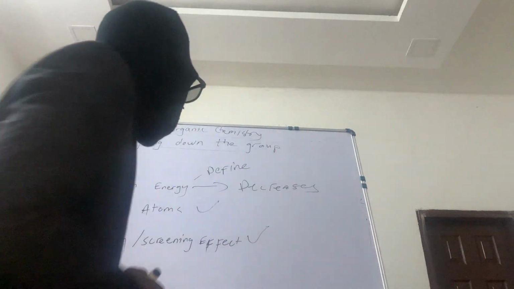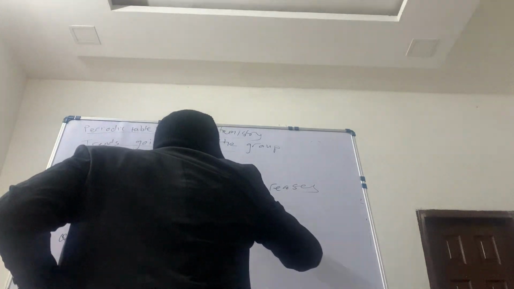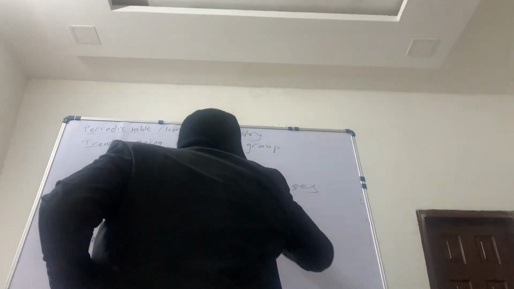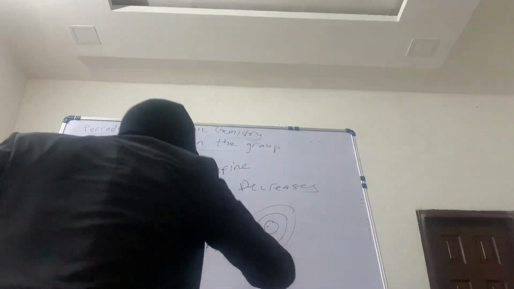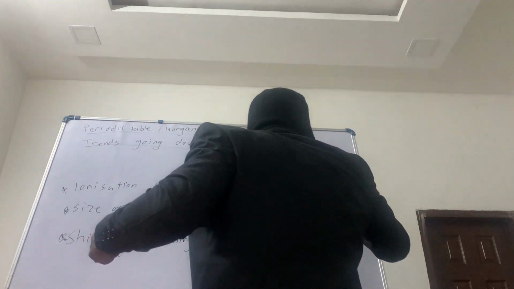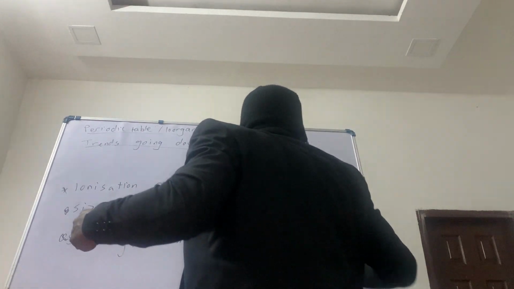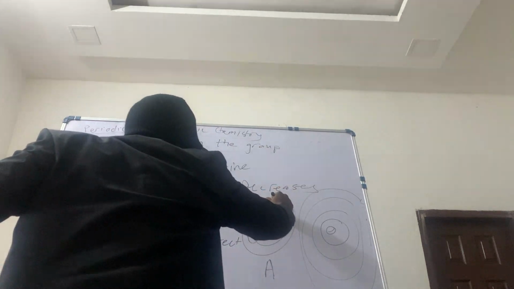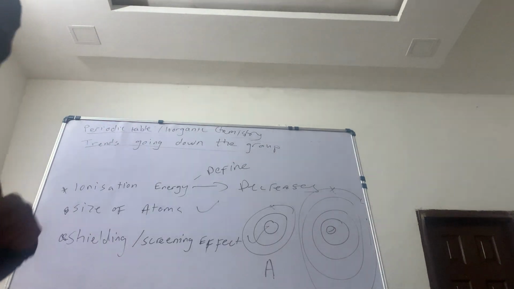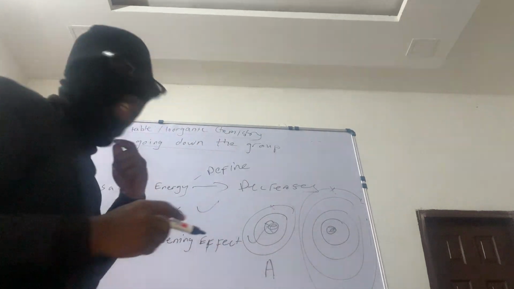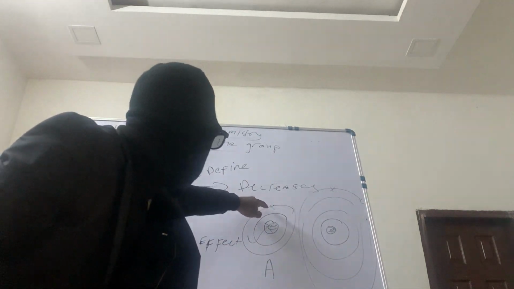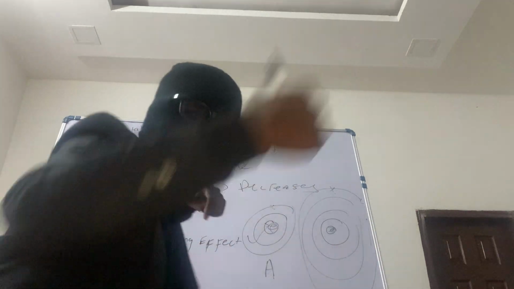So when the size of the atom has increased, it means, okay, just look. We've got the nucleus, we've got one shell, we've got two shells, right? This is atom A, and then we've got this one: nucleus, second shell, third shell, fourth shell, and then we have an electron here, and an electron here. Now, this nucleus is the one that is pulling these electrons towards itself.